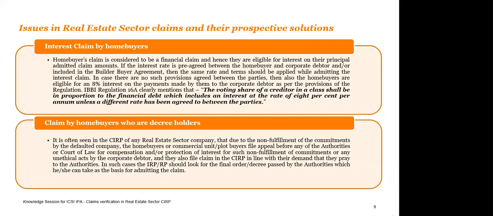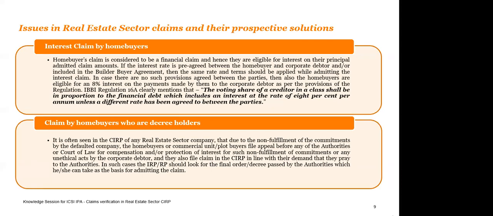But what we have seen in the cases, and from some of the legal advisors in the market, is that such claims are not direct, as Shalini said. Whatever amount has been paid by the allottee carries a time value of money, so interest is eligible as a financial claim.